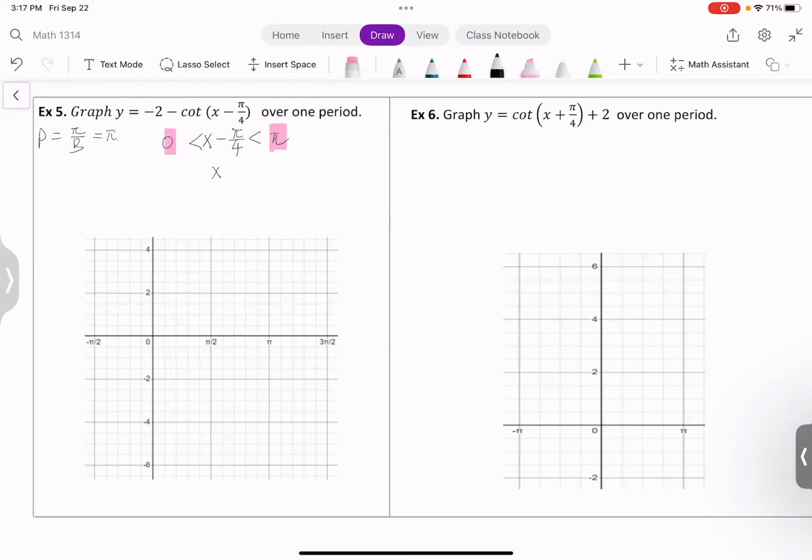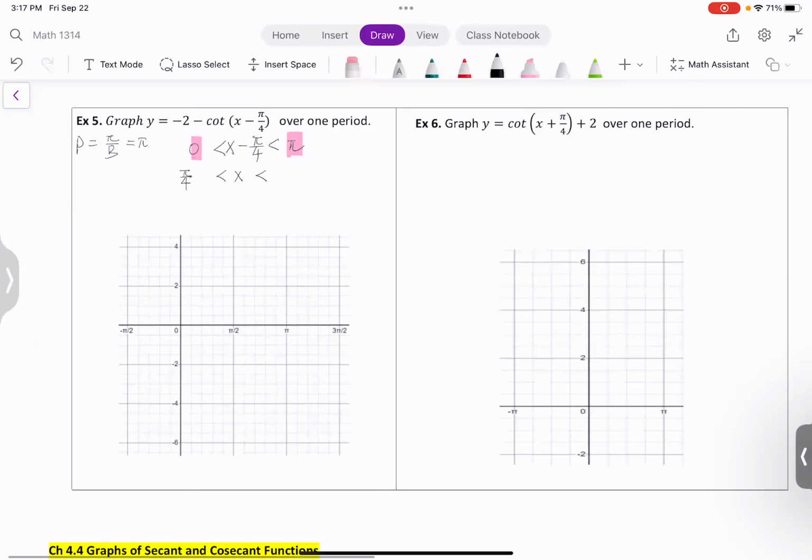And so x is between pi over 4 and 5 pi over 4. Okay, I found the vertical asymptotes. Where is pi over 4? It's before 1/2 pi. So this is a vertical asymptote. And the 5 pi over 4, maybe it's about here.